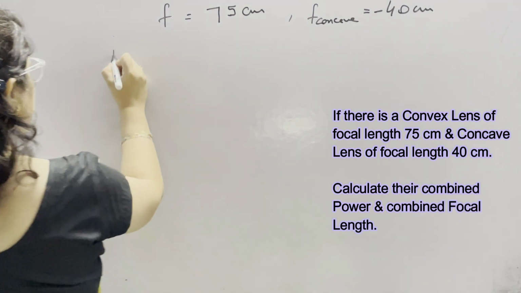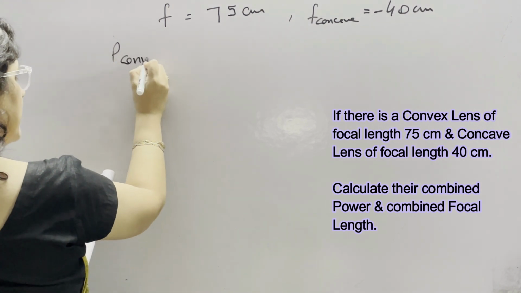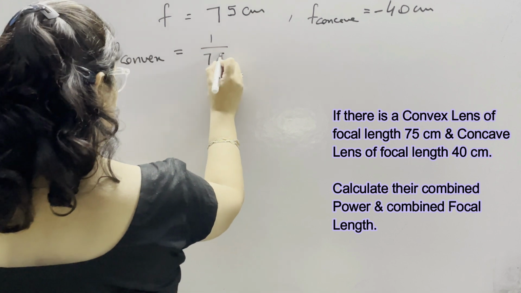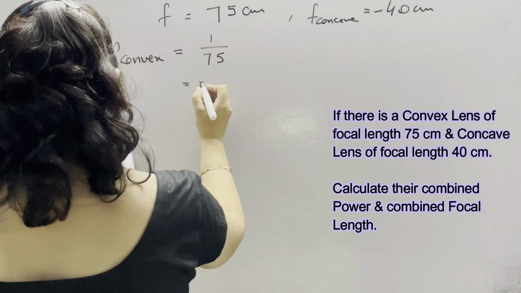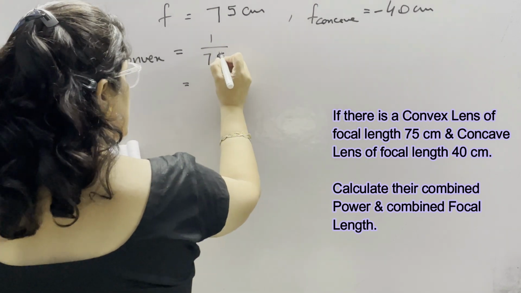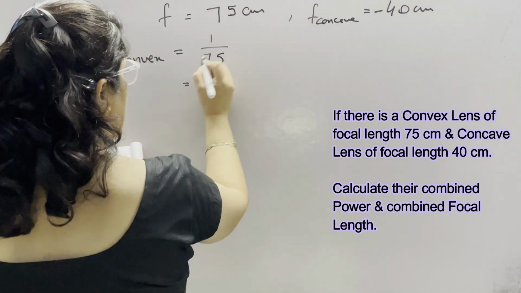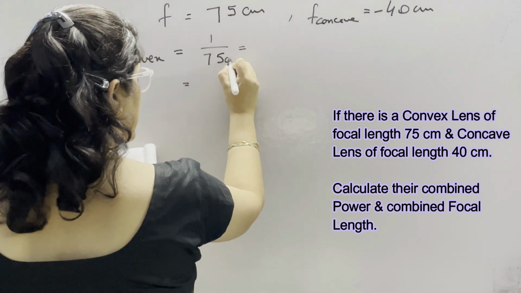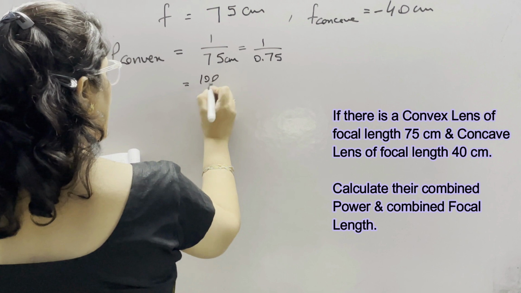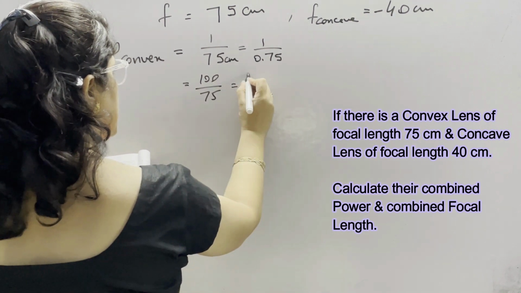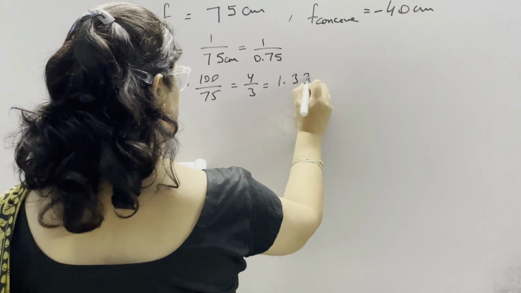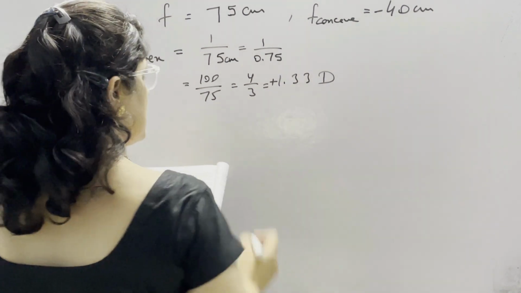So first of all, the power of a convex lens is 1 upon focal length, it means 1 upon 75. Now here 75 is in centimeter, so we need to convert it into meter, and its value comes out to be 0.75. So it means 100 upon 75, means 4 upon 3, and its value comes out to be 1.33 diopter in plus.